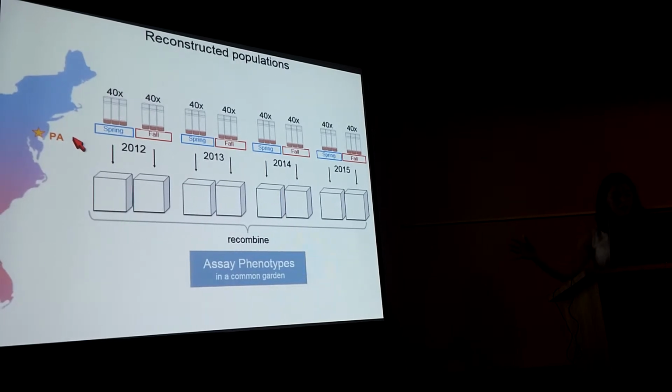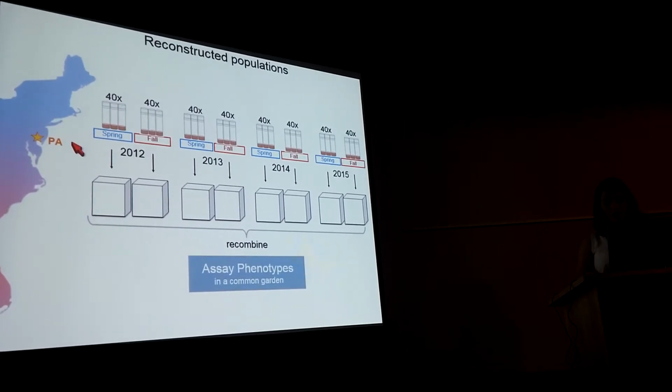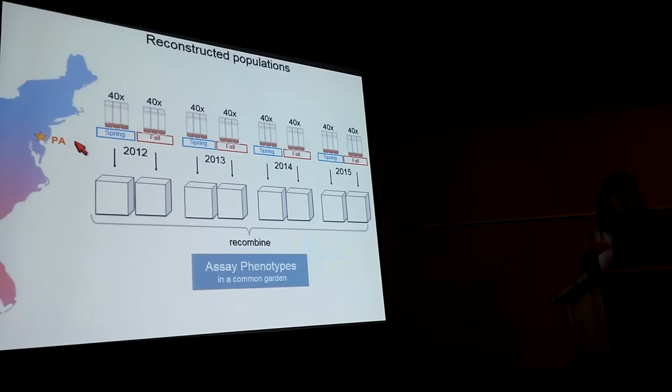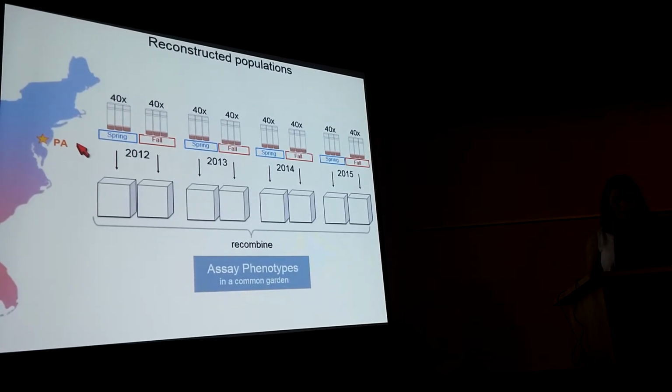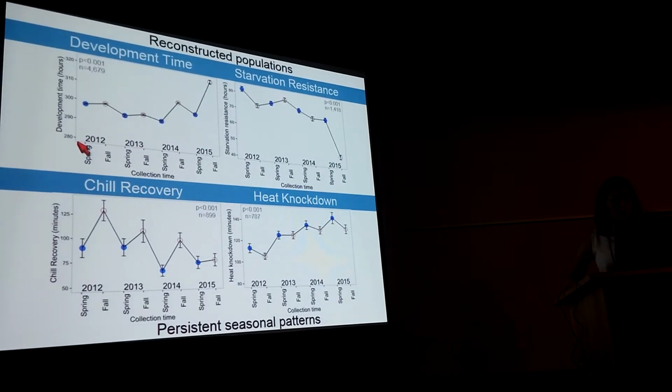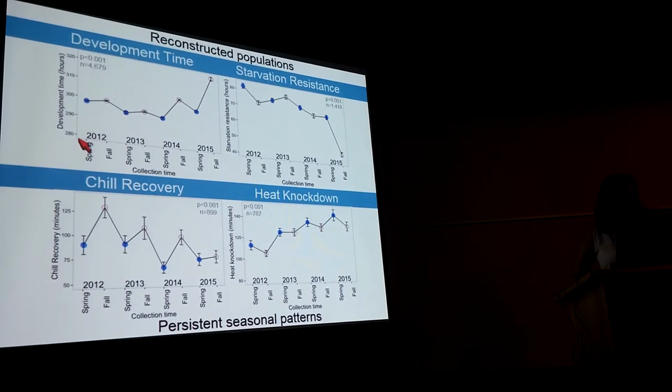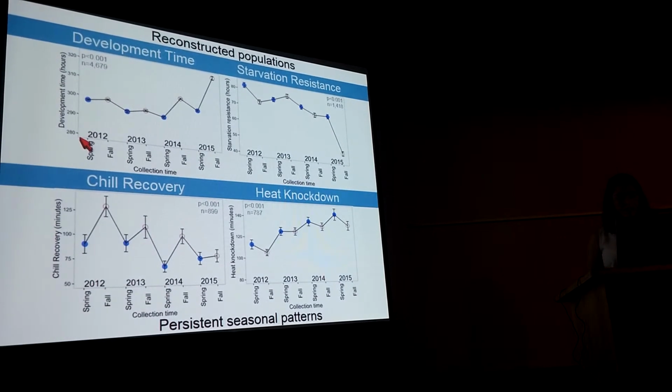So essentially recreating the past 4 years of change, and then I'm able to measure these phenotypes simultaneously. And so what we see is these patterns persist over time, even though they've been in the lab for a different number of generations.